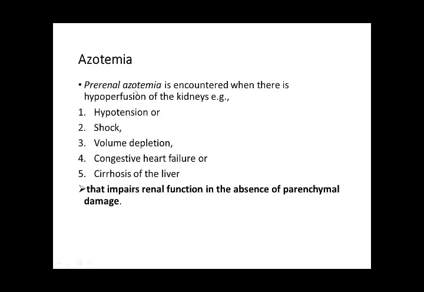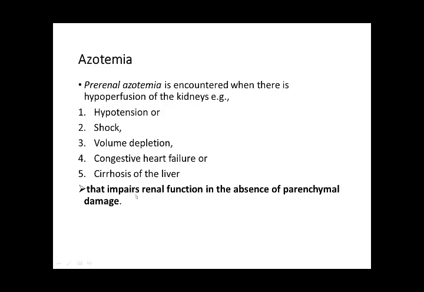Azotemia of renal origin means that it is because of the primary kidney disease. Pre-renal means decreased blood flow to the kidney, or hypoperfusion of the kidney, which are almost the same thing. Hypotension, shock, volume depletion, congestive cardiac failure, cirrhosis of the liver impair renal function in the absence of parenchymal damage.